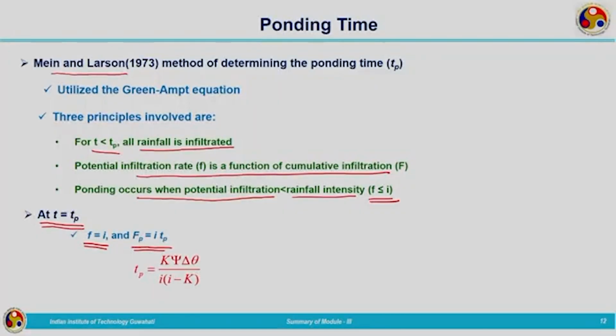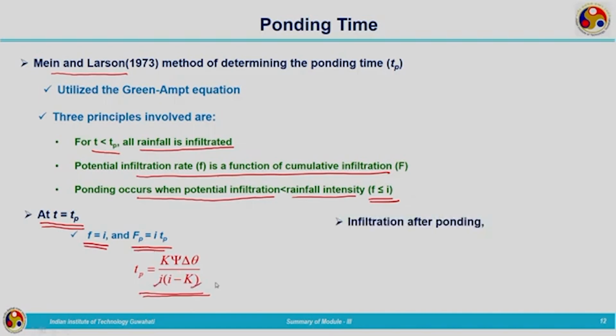With these conditions we have derived the expression for ponding time. After that we made use of the expression from the Green-Ampt equation and found the expression for ponding time. It is given by this simple equation.